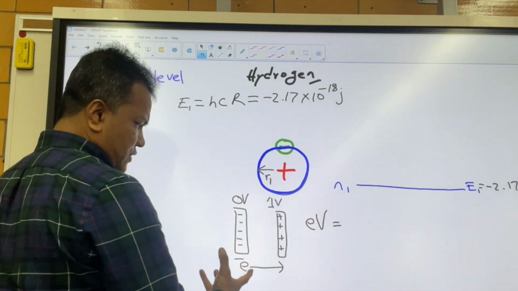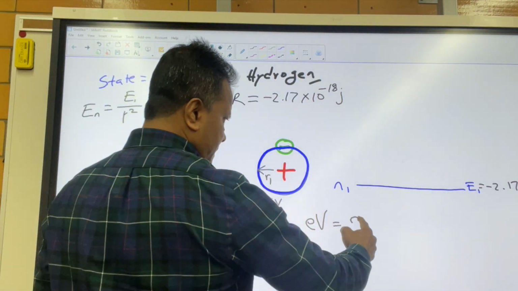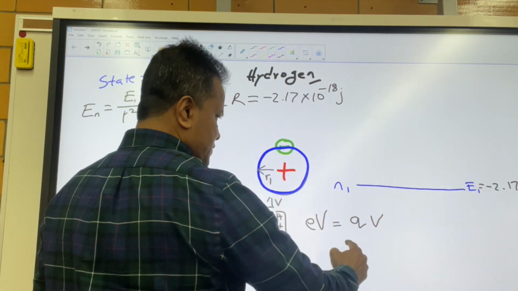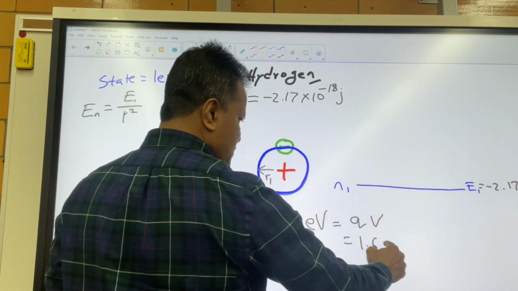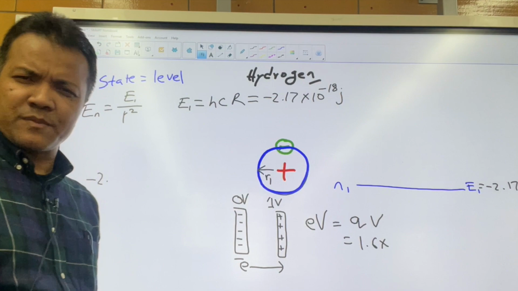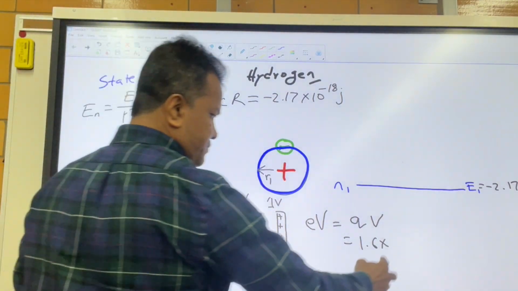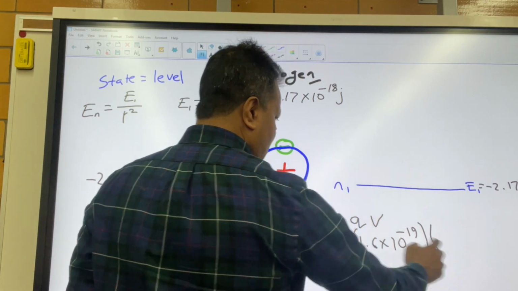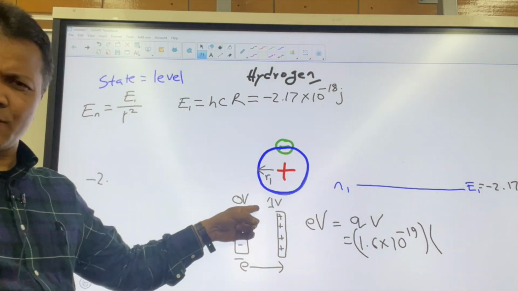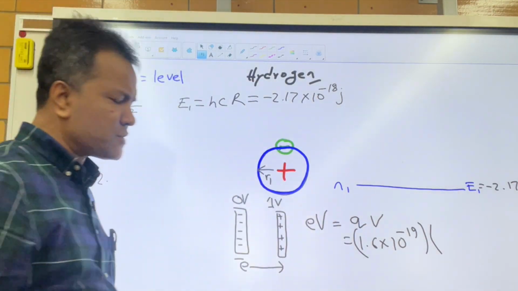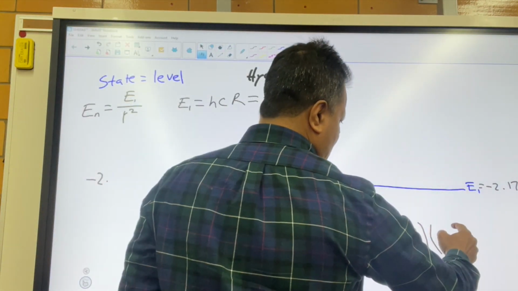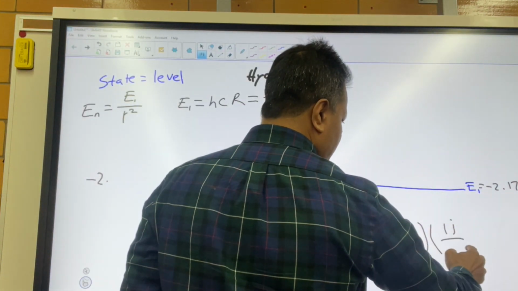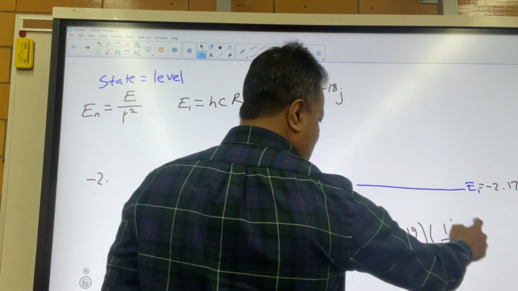Okay, so the electron volt would be Q times voltage. Q is 1.6 times 10 raised to negative 19, we're taking the absolute value of the charge of the electron, times voltage. We have 1 volt, so 1 volt is how much? 1 joule over coulomb, and this is of course coulomb.